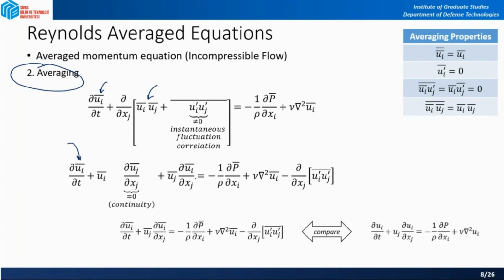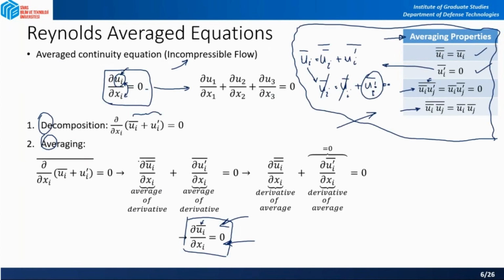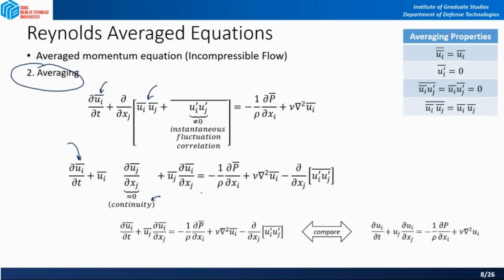And this one from continuity is equal to zero. So because the continuity equation we already found, dui bar dxi is zero. So you can write it like this equation. And then your average momentum equation will be finally equal to this one that you have in here.